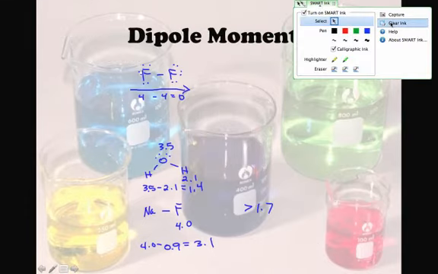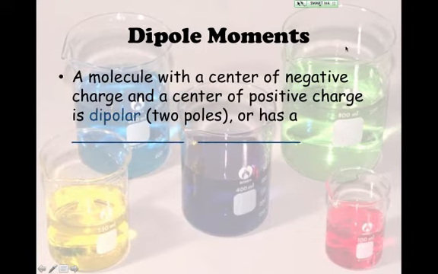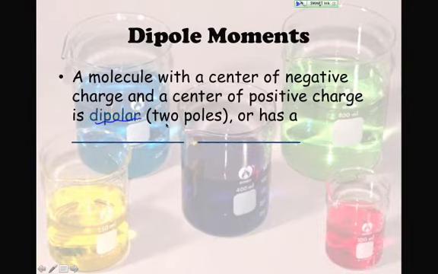And we know that when it's halfway in between, then we have something called a dipole. A molecule that has a center of negative charge and another center of positive charge is considered to be dipolar because it has two poles. In other words, it has what's called a dipole moment.